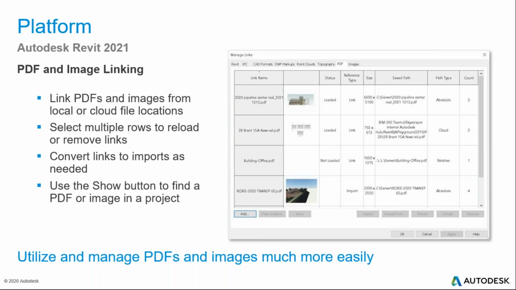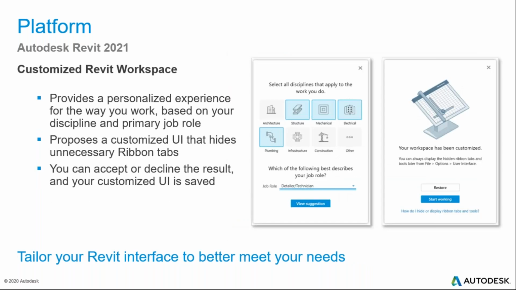This functionality improves sorting, adds size reporting, adds multi-select for unload, reload, remove operations. It adds the ability to convert links to imports and add the show button to find a PDF or image in the model. This will help you utilize and manage images and PDFs much more easily in Revit with the new linking functionality.